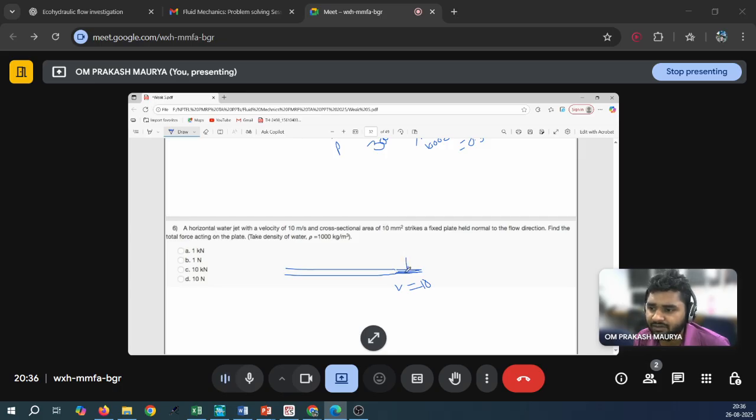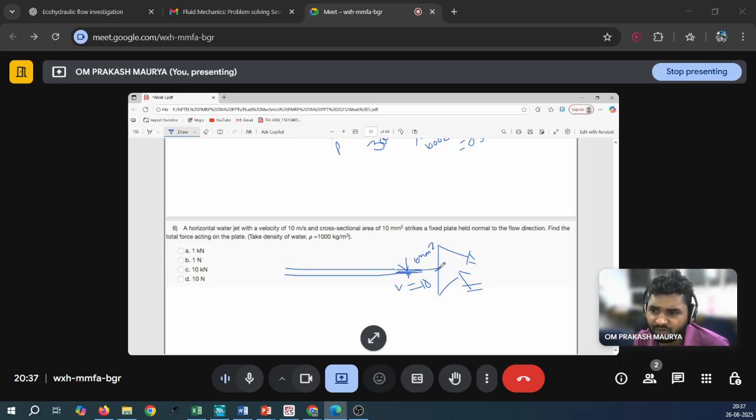It strikes a fixed plate, normal to the flow direction. Find out the total force acting on the plate.